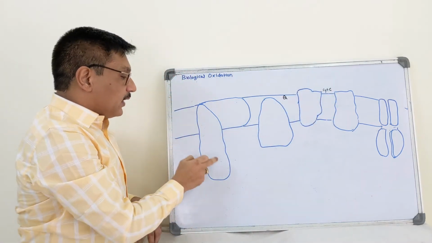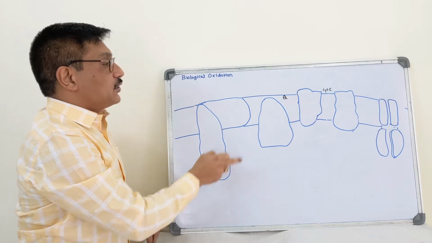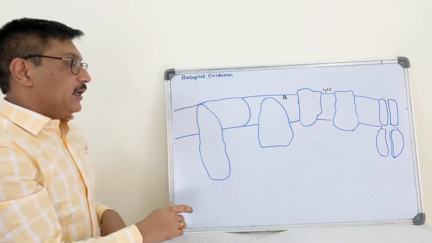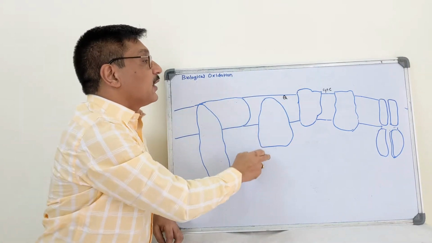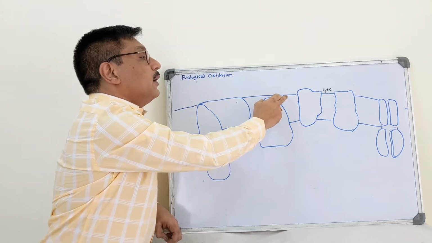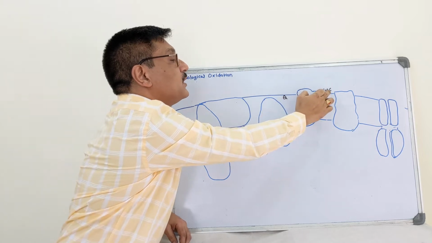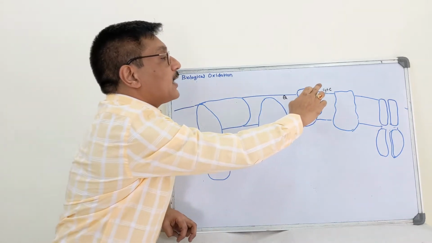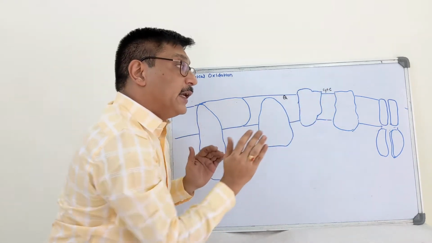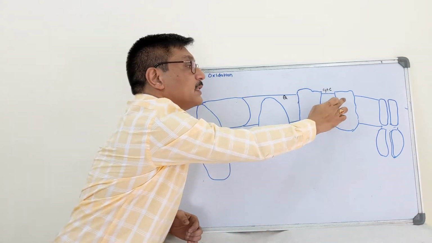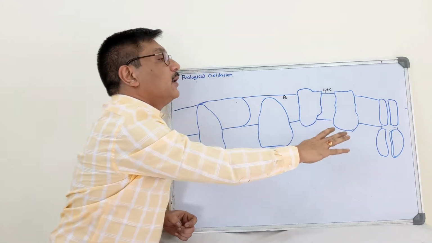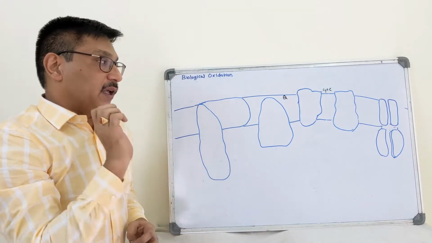Complex 1 is NADH coenzyme Q oxidoreductase. Complex 2 is succinate coenzyme Q reductase. Complex 3 is coenzyme Q cytochrome C oxidoreductase, and the fourth one for electron transport is cytochrome C oxidase complex.